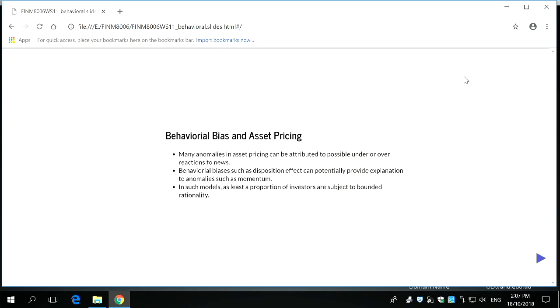So today I want to provide some examples of how you can use the behavioral bias theory to explain the anomalies in asset pricing, or in other words, how asset prices will be affected by the behavioral bias.